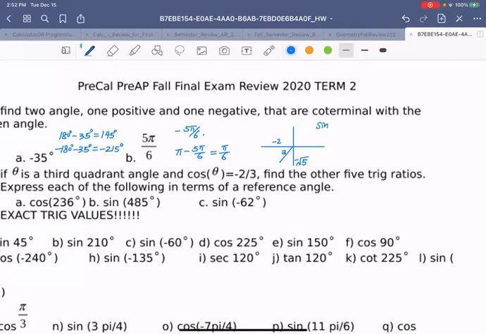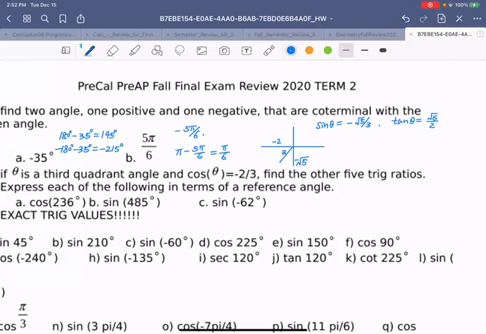So the sine theta equals negative square root 5 over 3. And then tangent theta equals square root 5 over 2.